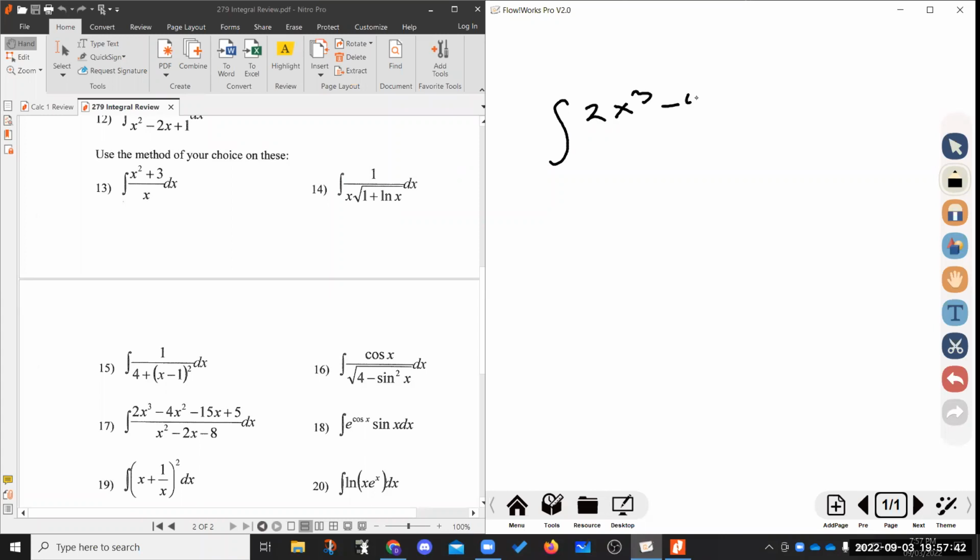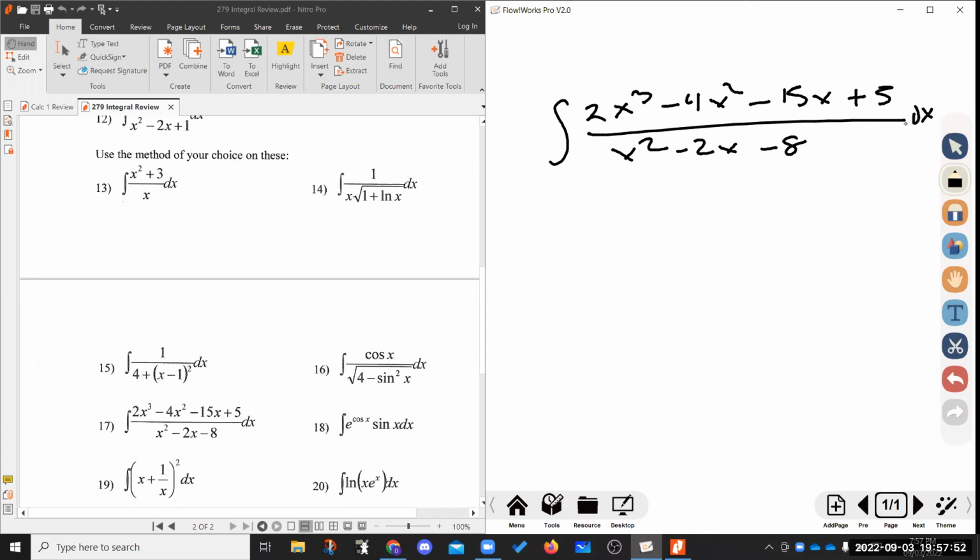2x to the third minus 4x squared minus 15x plus 5 over x squared minus 2x minus 8 dx. So we want to do long division here because the degree of the bottom is smaller than or equal to the degree of the top.